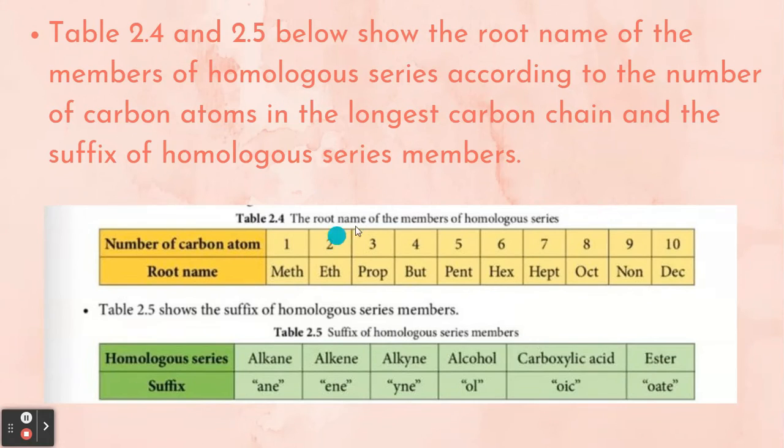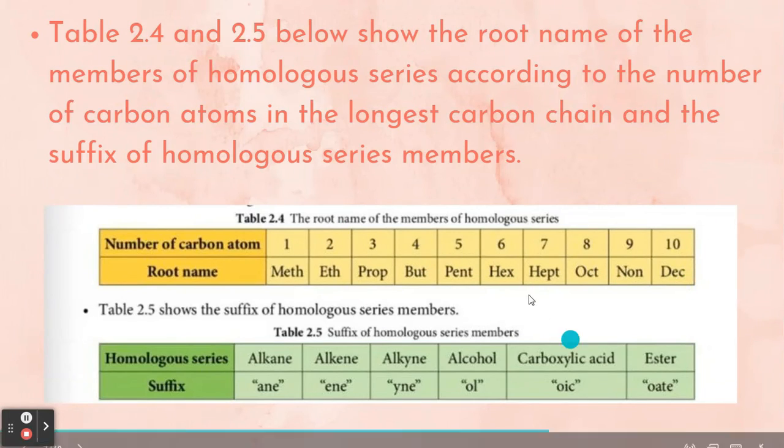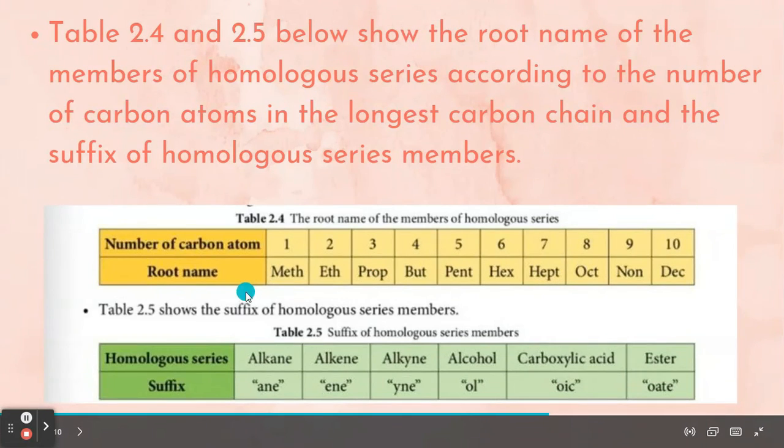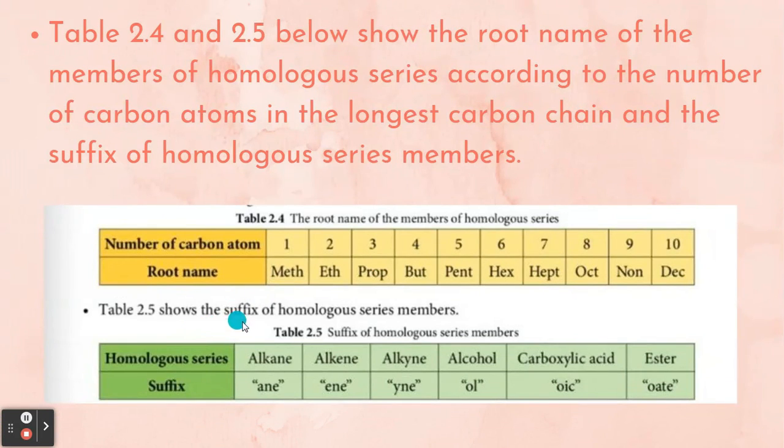Okay, from the table 2.4, you can see the root name is different based on the number of carbon atoms, which for the number of carbon atom 1, we call it as meth, and for 2 carbon atoms, eth, prop for 3 carbon atoms, but, pent, hex, hept, oct, non, and dec. Okay, and table 2.5 shows the suffix of homologous series members.